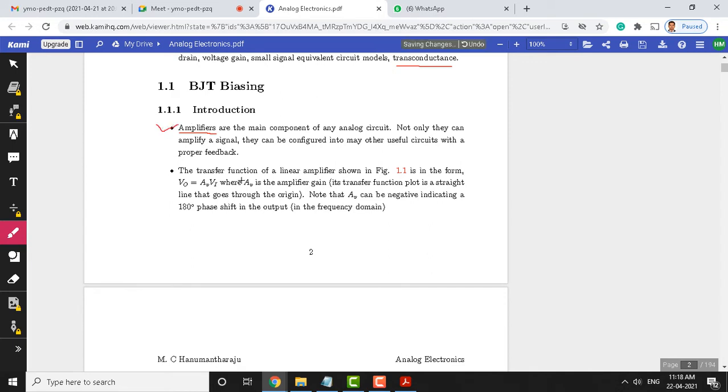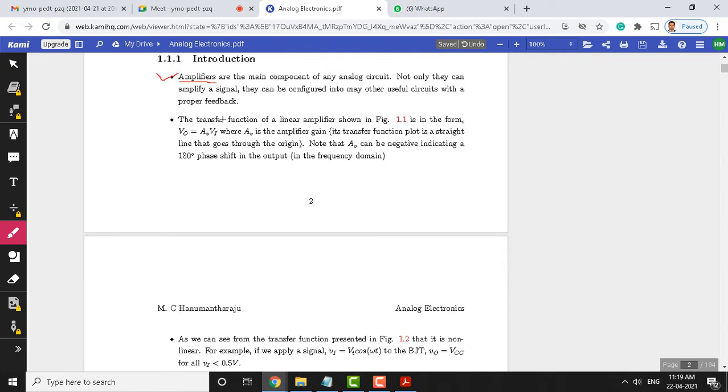Now, in more detail, let us look at what the amplifier is exactly doing, from the transfer function point of view. If I consider a linear amplifier, many times we expect the amplifier to be linear. Even non-linear amplifiers are used in some applications, which we will discuss in coming classes.